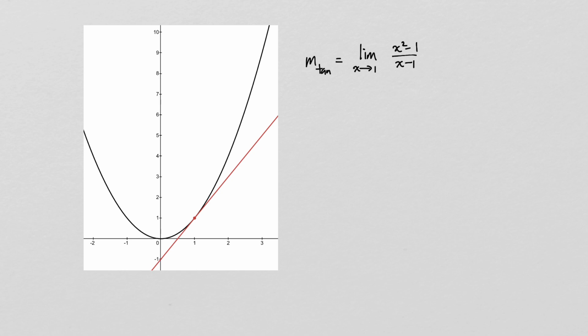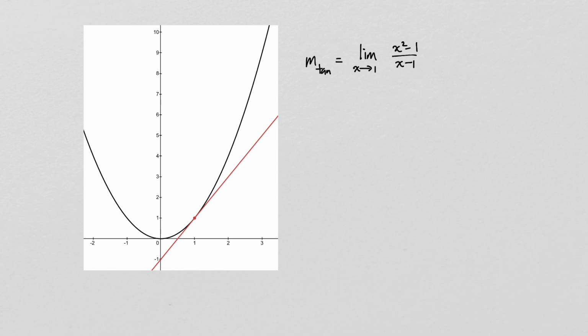And this is basically saying that the slope of the tangent line is equal to the slope of the secant line as x gets closer and closer to the point of tangency. And we're going to spend the next few lessons talking about how we can compute this limit. For right now, the way we compute this limit is we just pick values of x that are getting closer and closer to 1, like we did on the previous page.